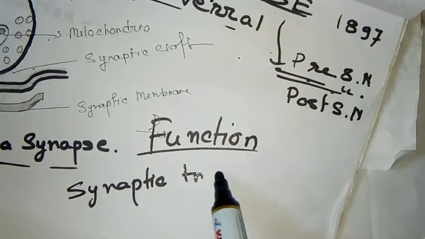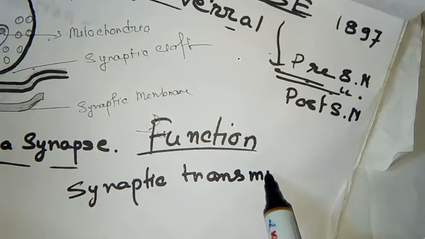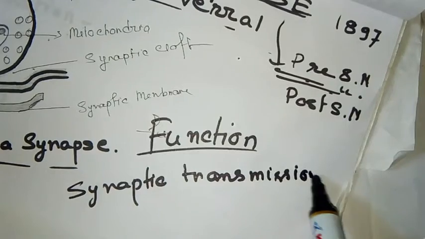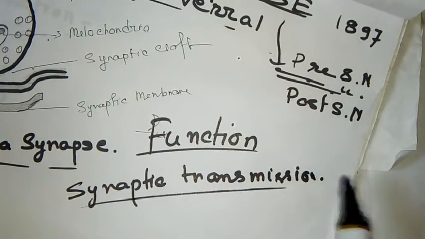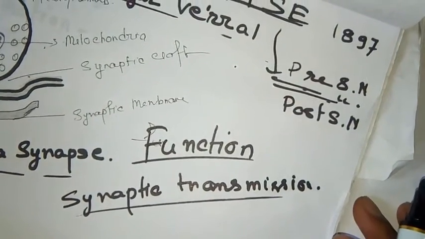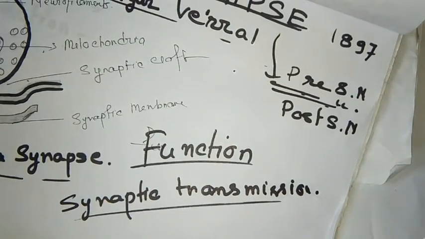The main function of the synapse is synaptic transmission. The main function of the synapse is to transmit the impulse, either the action potential, from one neuron to another neuron.